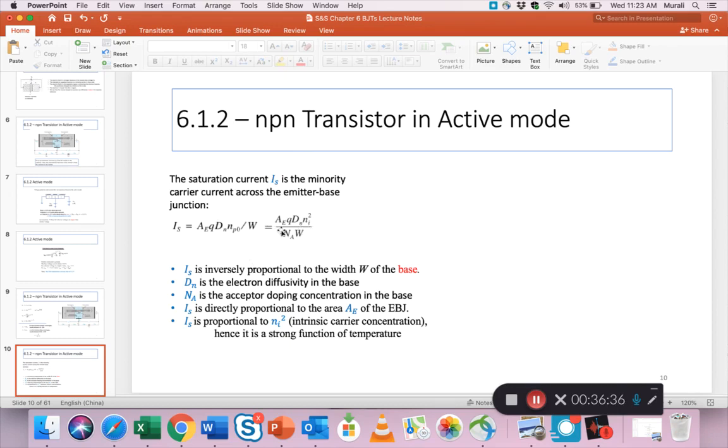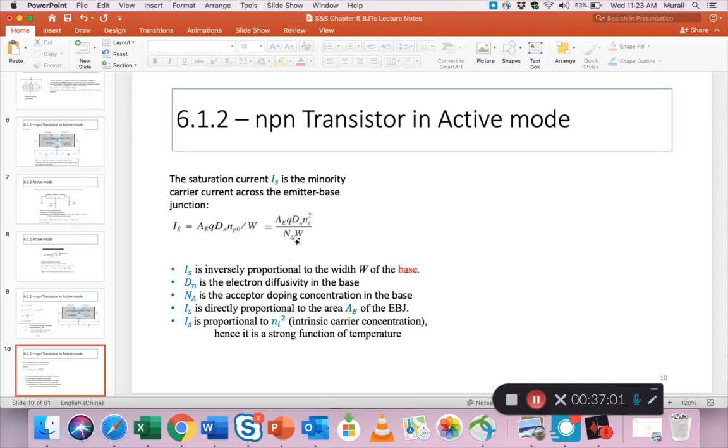It has these factors: area, diffusivity of a certain region, q, the charge of the electron, ni, the intrinsic carrier concentration, NA, the acceptor doping level, and W, the width of the base. So much of this refers to the base.